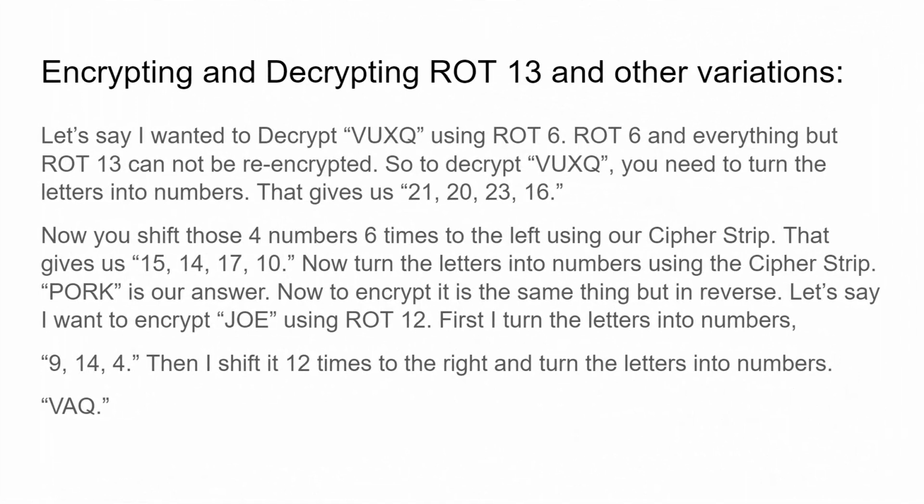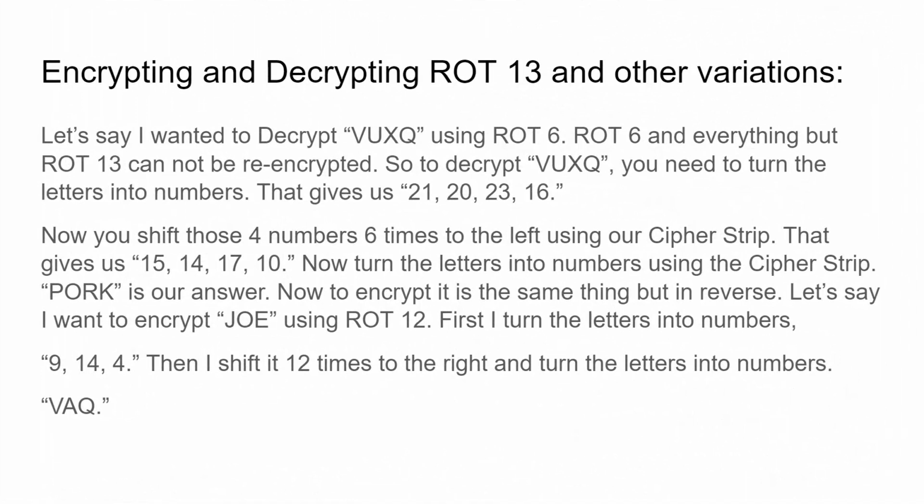That gives us 21, 20, 23, and 16. Now you shift those 4 numbers 6 times to the left using our cipher strip. That gives us 15, 14, 17, and 10. Now turn the numbers into letters using the cipher strip. Pork is our answer.